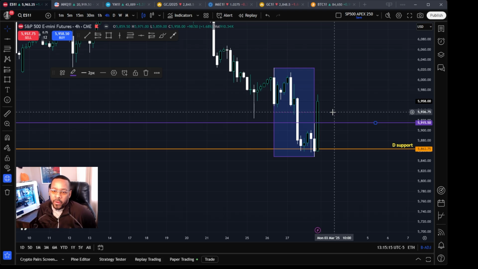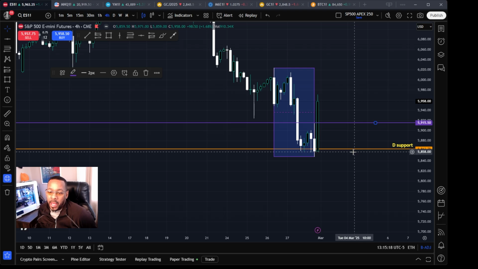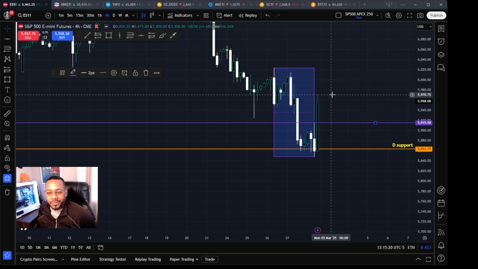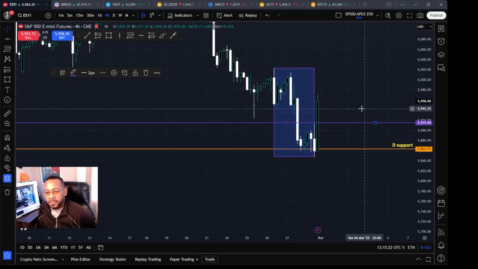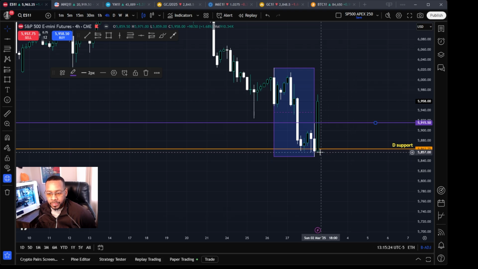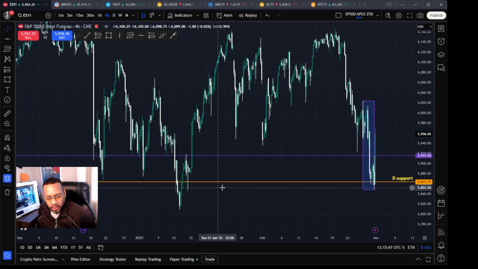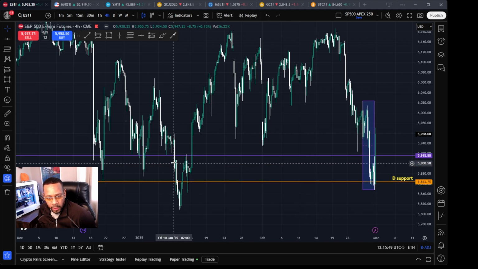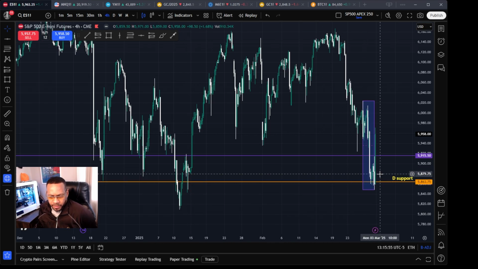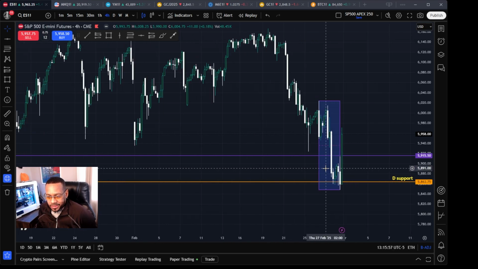On a smaller time frame, on this 4 hour, we have an equal low right here. It's going to need to get taken care of at some point. Still have that daily support over here on the left. Looking at this 4 hour, the imbalance cleaned up. That was a daily imbalance, and we came back and cleaned it up.